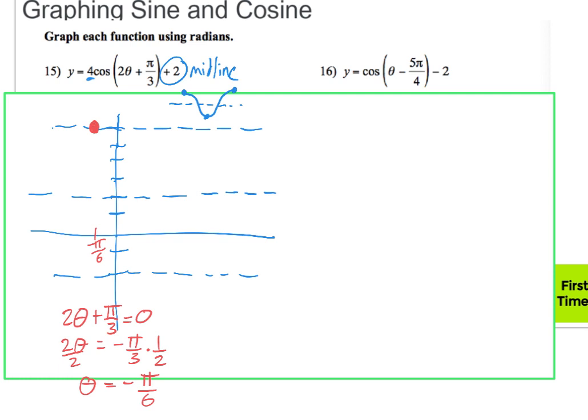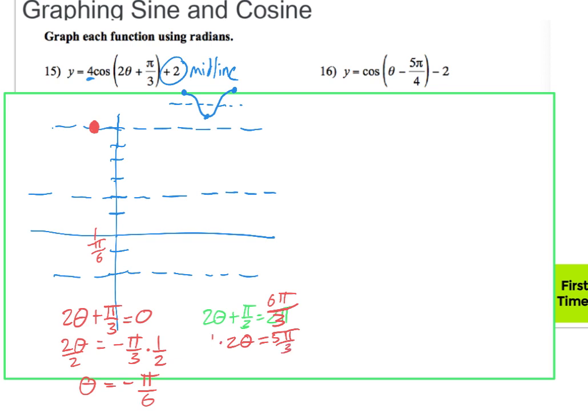I'm going to do the same thing, but now I'm going to find the ending point. So 2 theta plus pi over 3 is equal to 2 pi. I'm going to be a little bit sneaky. Instead of 2 pi, I'm going to call this 6 pi over 3. Because if I divide that, I get 2 pi as an answer. I'm going to minus pi over 3 to the other side to get 2 theta is equal to 5 pi over 3.